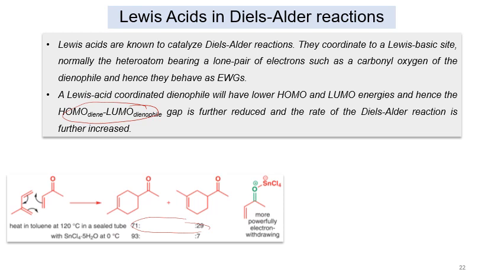However, with tin tetrachloride as the Lewis acid, this reaction proceeds beautifully to give you 93% of this particular isomer, whereas 7% of the other isomer.